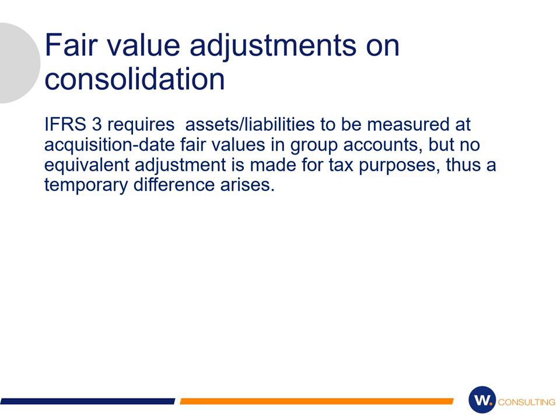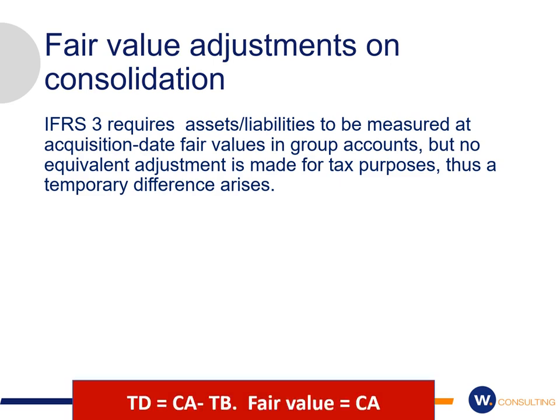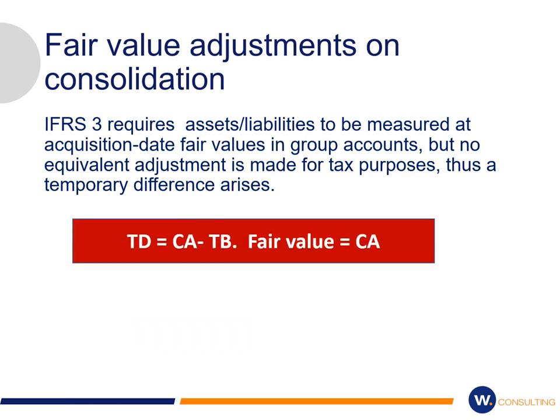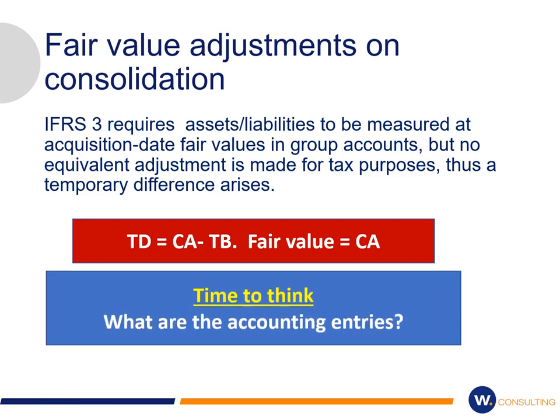In other words, I paid $1 million for this bunch of assets. I need to fair value each and every asset, and that's how I bring it into my books. And the difference is goodwill. So if I say the fair value of this vehicle is X, I recognize it at fair value, and yet its cost was something else, it results in a deferred tax impact. Temporary difference is the carrying amount less the tax base, and the carrying amount is the fair value.